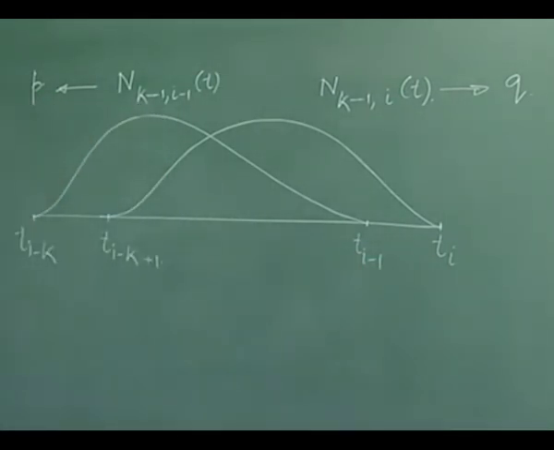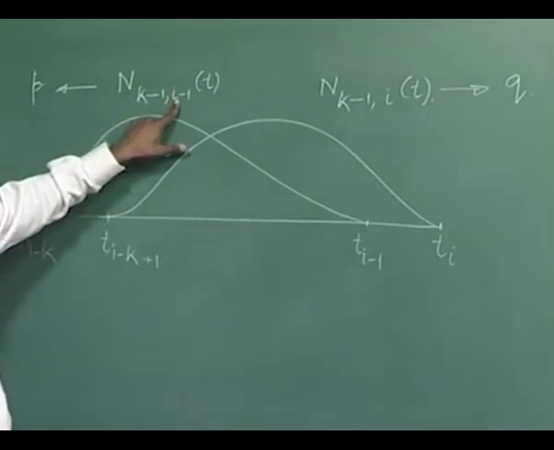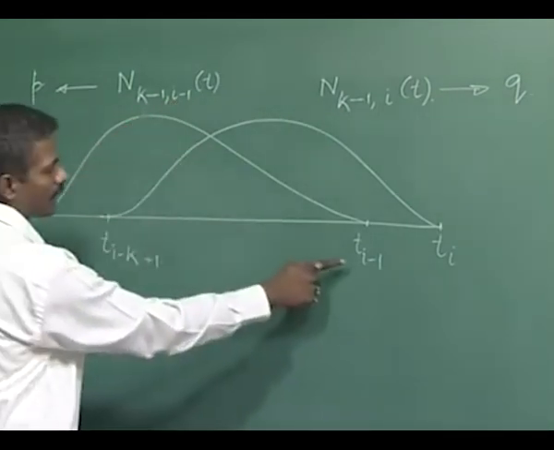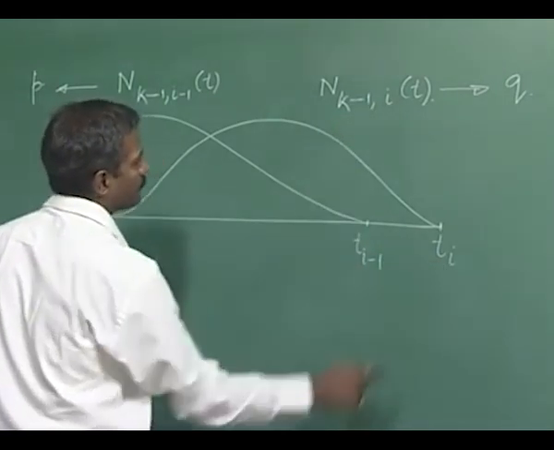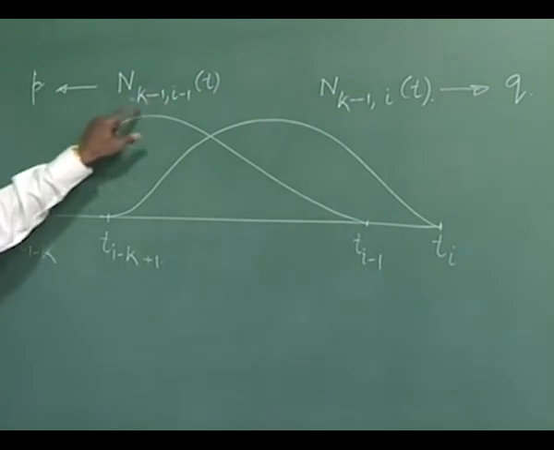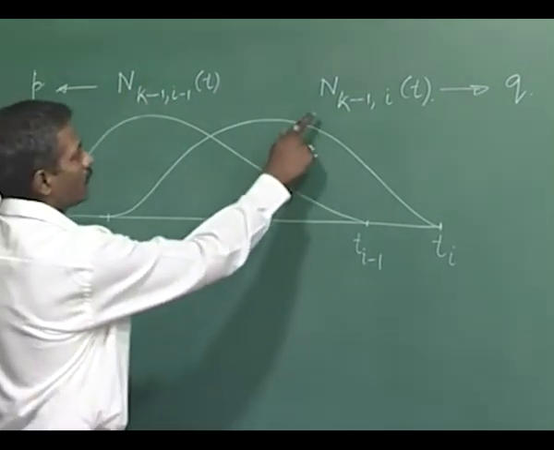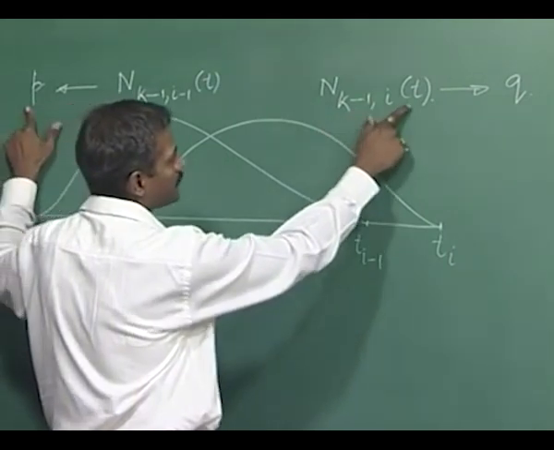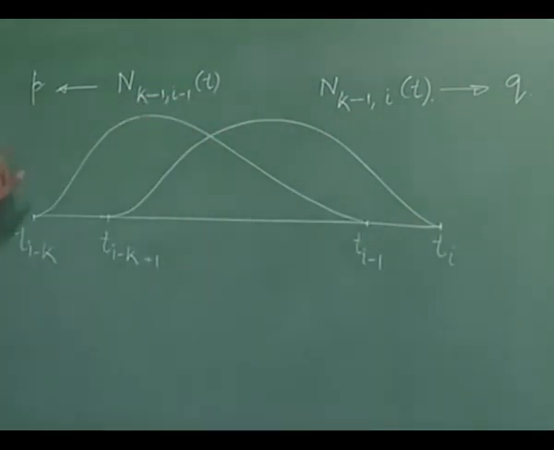In the recursion relation, we have two basis splines, each of order k minus 1, one of which is standing with the last knot as Ti minus 1, and the other one is standing with the last knot as Ti. With N k minus 1, I minus 1 of t, coefficient p is associated, and with N k minus 1, I of t, coefficient q is affiliated.